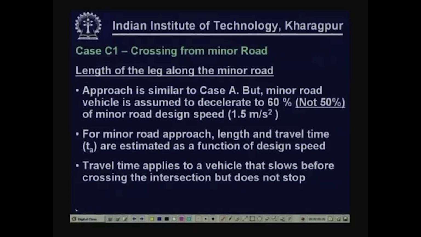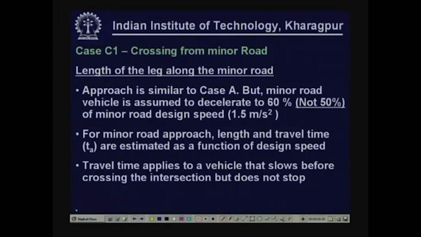What was case A? Case A was discussed in the last session; that was intersection with no control. So, whatever way we calculated intersection side distance, you can refresh your memory about those considerations, and here also for the minor road approach the same basis is used, but with slightly different assumptions.